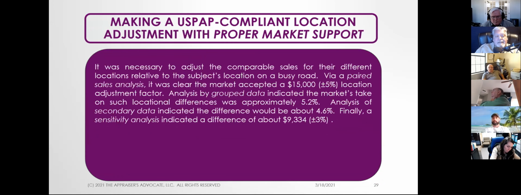Please feel free to take a screenshot. We're happy to let you use this language verbatim in your reports if you want to. What this does is summarize that grid.